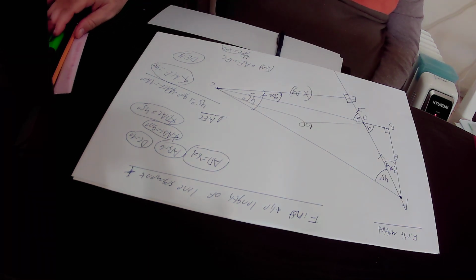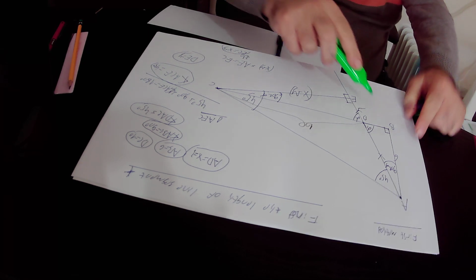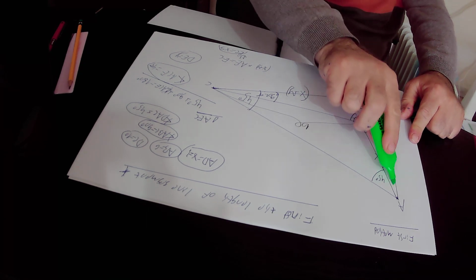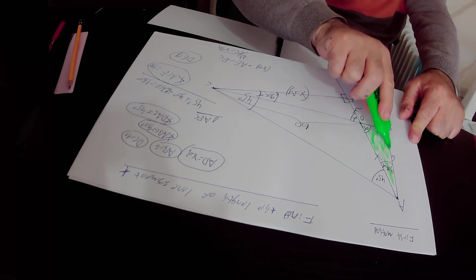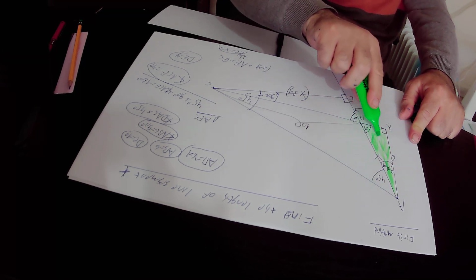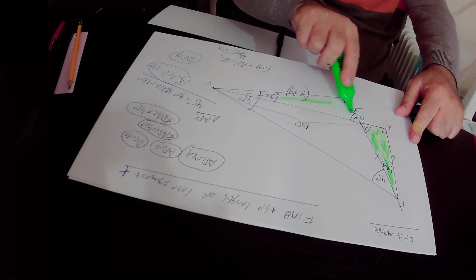So here we actually proved that those two right triangles, the green right triangle, triangle ABD, is similar to the green right triangle, triangle DEC.